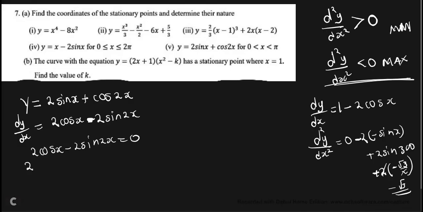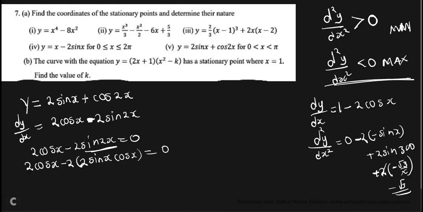Now what you need to remember is that this thing is an identity. What's the identity of sine 2x? That is 2 sine x cos x.